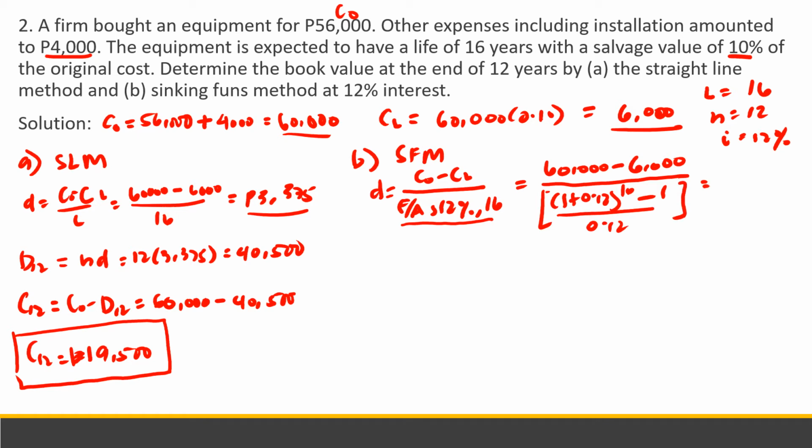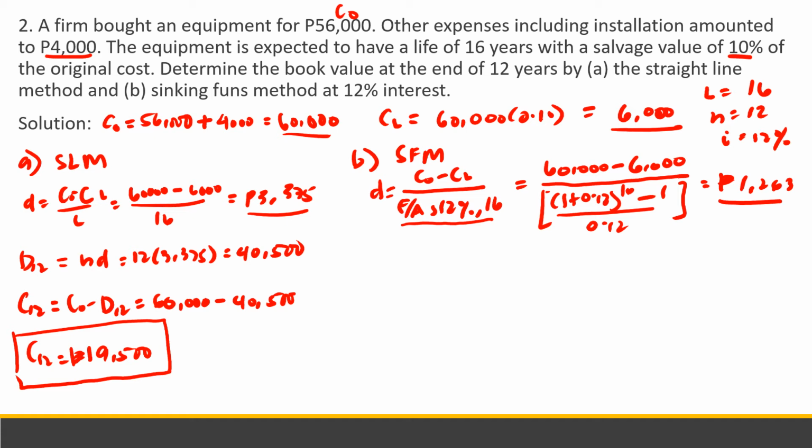So this will be equals to 1,263. So this is uniform for every year. So but with interest. So sa straight line method, depreciation per year is 3,375.